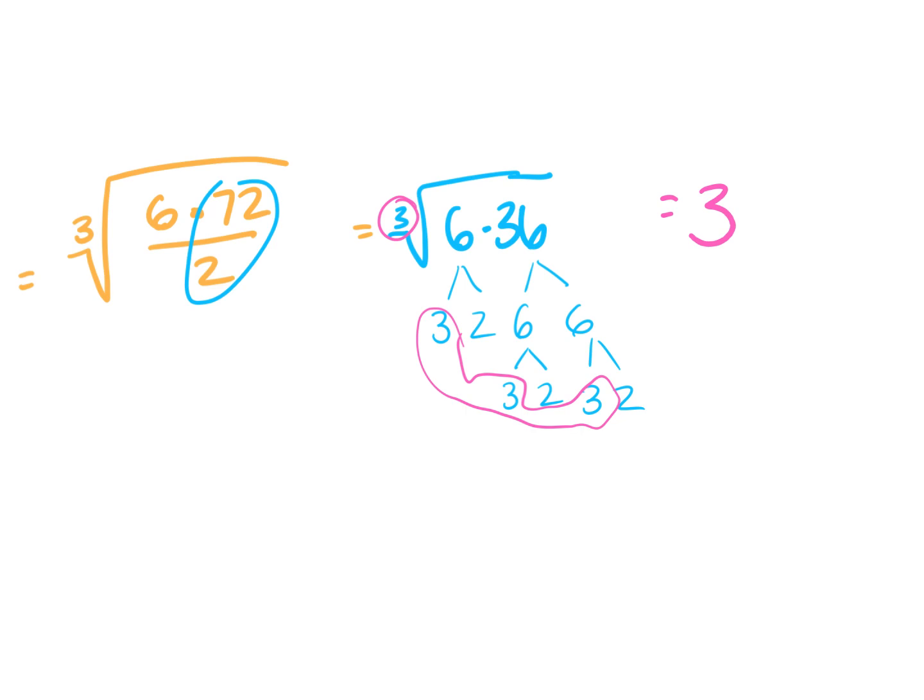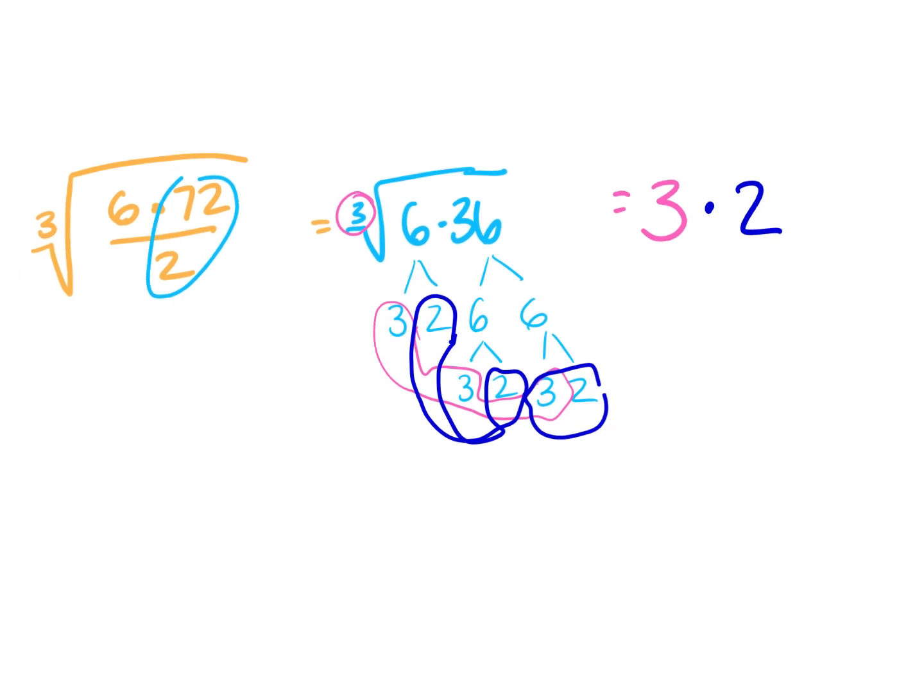And what else do I have? 2. I have 3 2s. So a 2 also comes to the outside. What do I do if I take out more than one number? Multiply. So what would my answer here be? 6. You could have also noticed from the beginning that this would be 3 6s. So you could have stopped there.